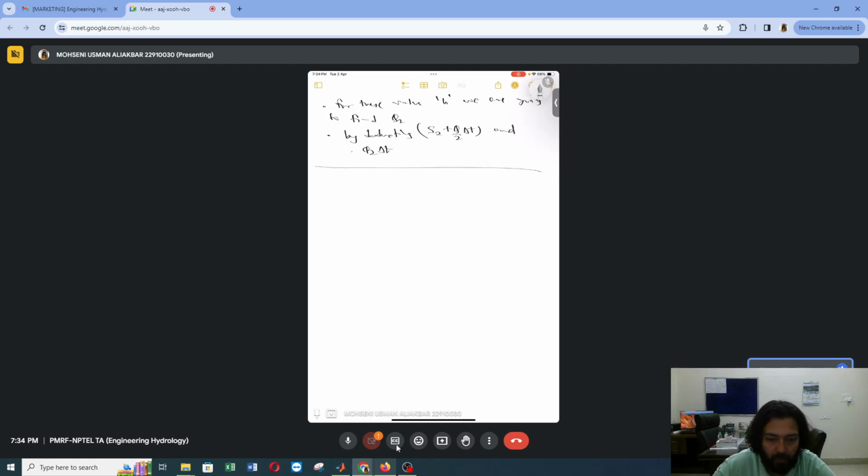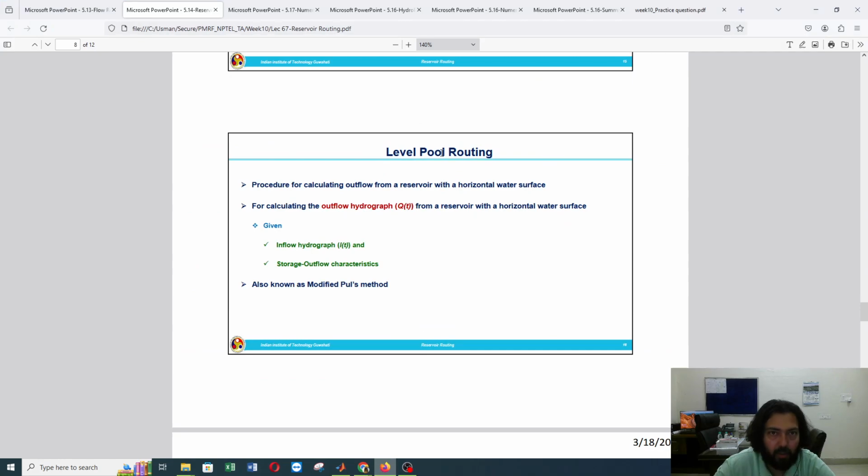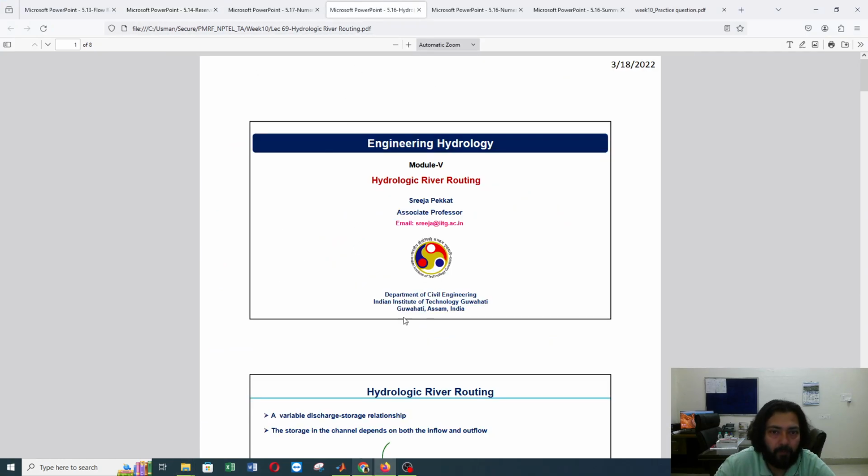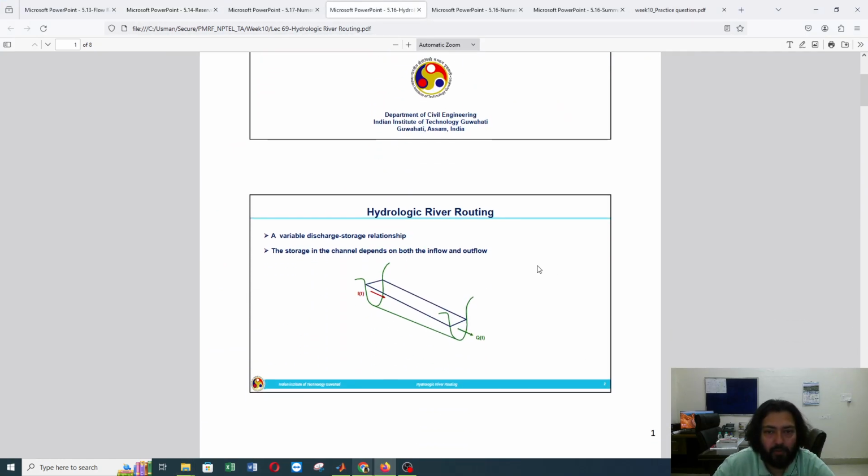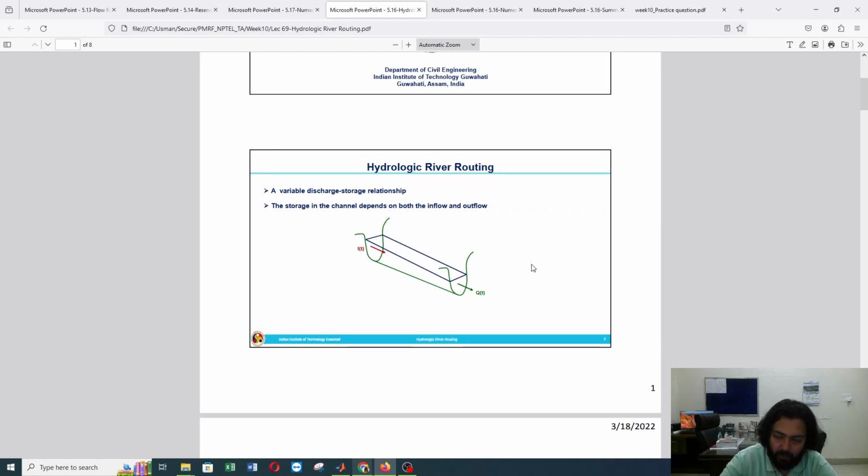Now after reservoir routing, we can talk about channel routing. It is also called river routing. So what is the difference between the two terms? In channel routing, there is a change in the shape of the hydrograph as it travels downwards through a channel, right?